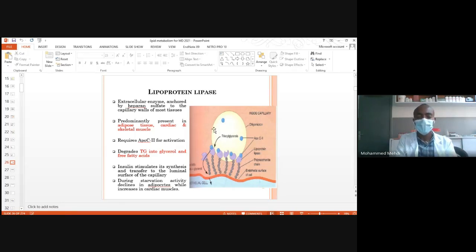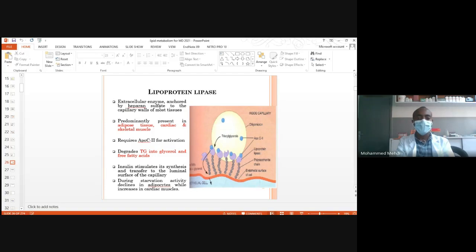Whenever the chylomicron passes through the blood circulation, the ApoC2 of chylomicron activates the enzyme, which acts on triacylglycerol. The triacylglycerol is degraded by this activated lipoprotein lipase enzyme into free fatty acids and glycerol. After fatty acids are released from the chylomicron triacylglycerol, the free fatty acids will be taken up for energy production in muscle or storage in adipose tissue.